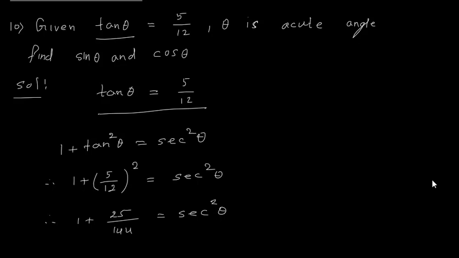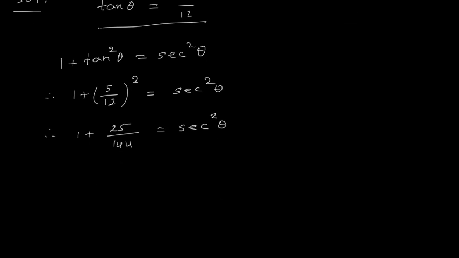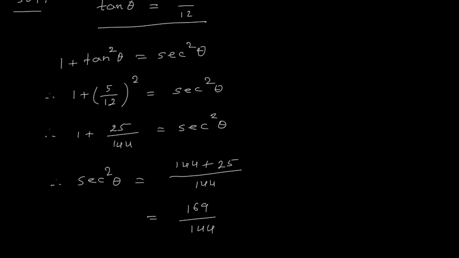So, therefore sec square theta is equal to 144 plus 25 whole divided by 144. This is 5 plus 4 is 9, 4 plus 2 is 6. So, this is 169 divided by 144. This is the value of sec square theta.